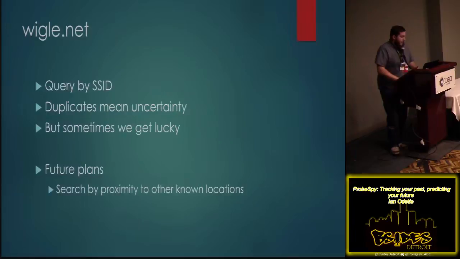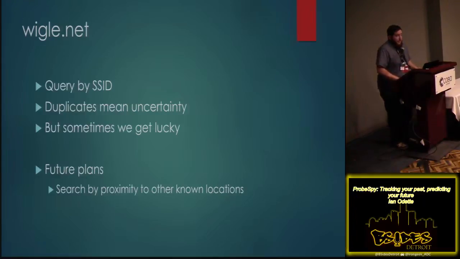So again, Wiggle.net allows us to query by SSID, and unfortunately, because I'm kind of lazy and this whole thing was written in a bash script and I'm not a really good programmer, as far as I'm concerned, duplicates mean uncertainty. So anytime I receive more than one value for a given return, I am interpreting that as me being unable to definitively locate where this network is, at least as far as Wiggle is concerned.